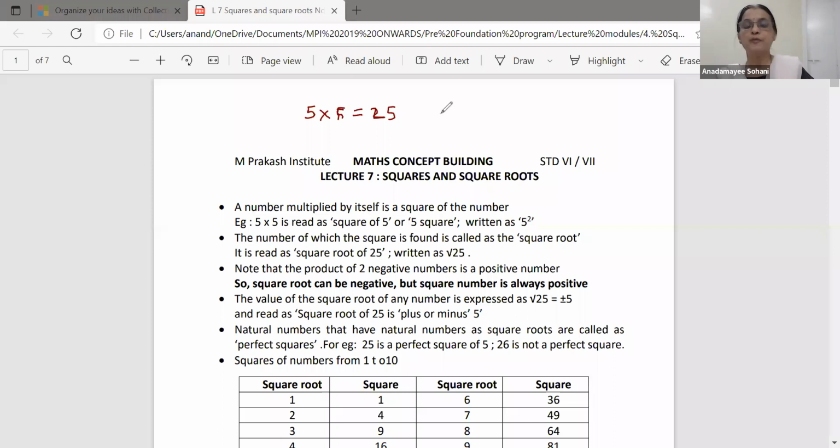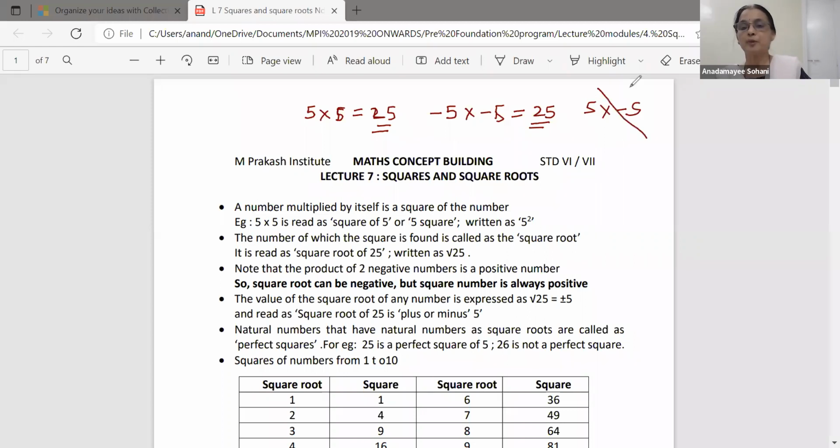When we multiply two negative numbers, then also our answer is positive. And when I'm finding square, I'm multiplying the number by itself. So I will never multiply plus 5 by minus 5 to find a square.